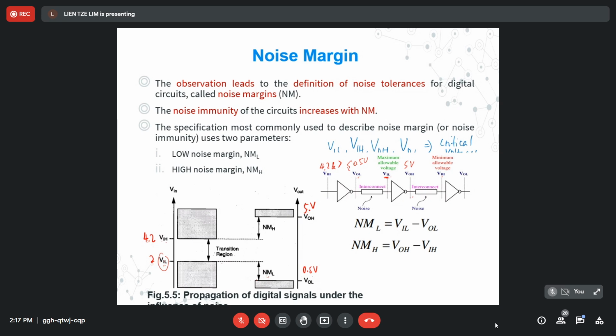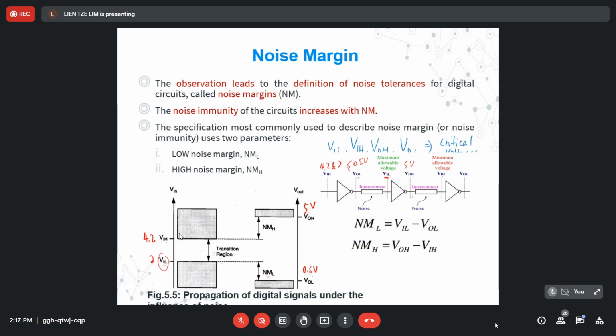If the output voltage is 5 volt, then when the signal is propagated to the input of the third inverter, the voltage can fluctuate to 4.2.